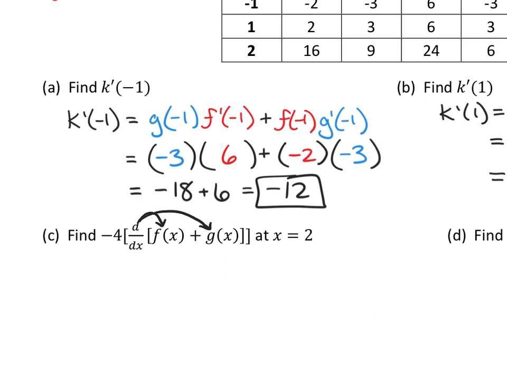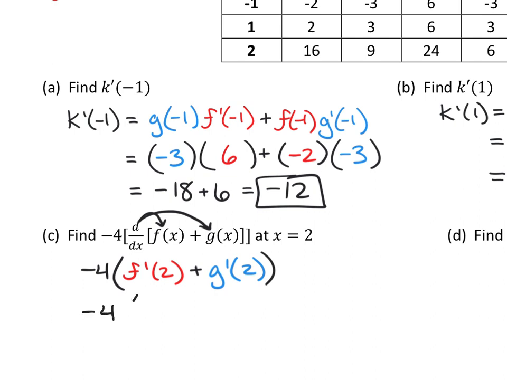So this problem is essentially asking for me to do negative 4 times f prime of 2 plus g prime of 2. Because I'm going to do the derivative of each part separately since it's a sum, not a product. Now, where did the 2 come from? Yeah, it's particularly asking at the value 2. Well, again, those are just numbers from my table.